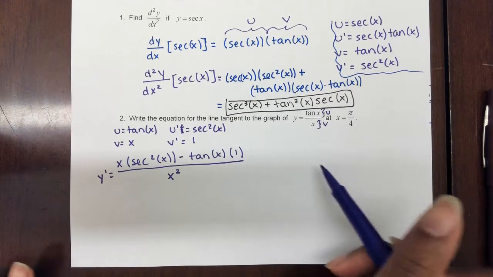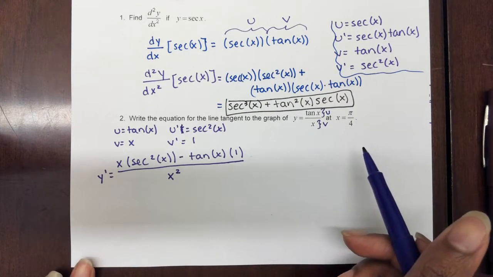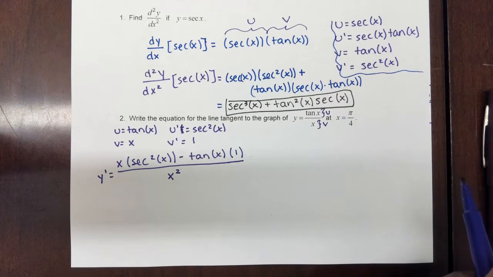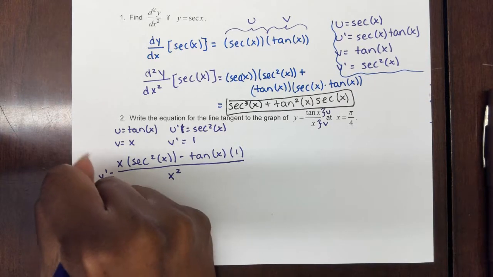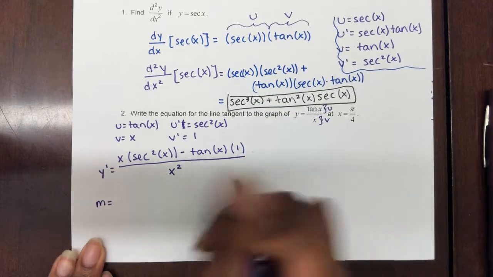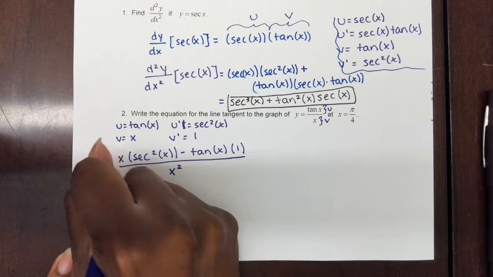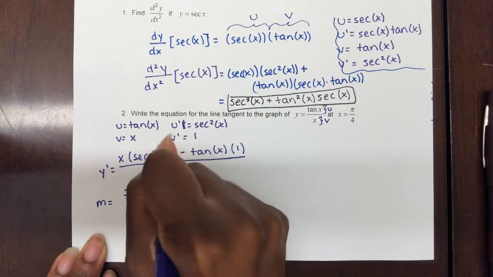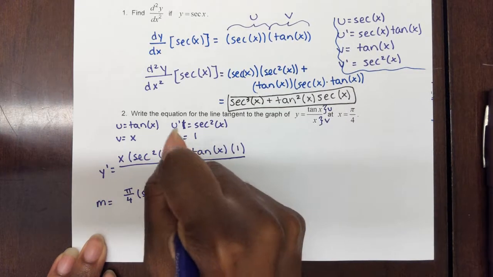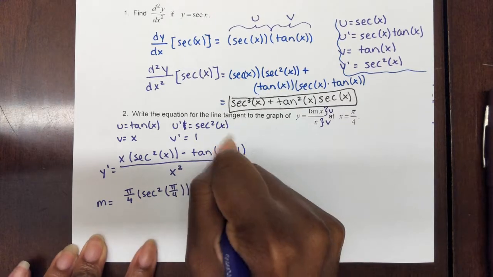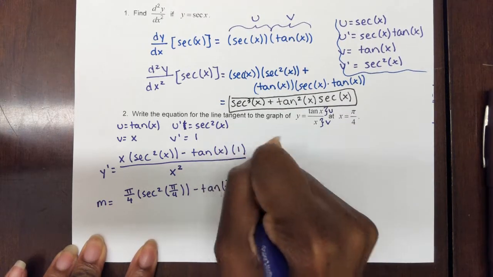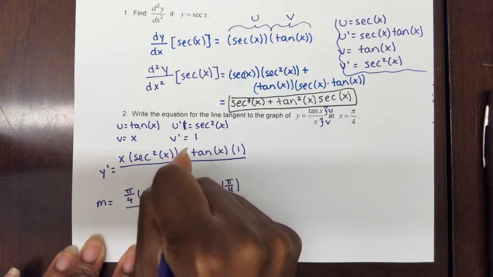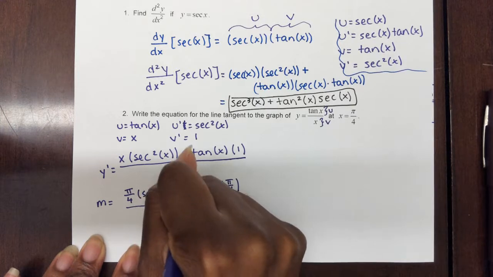So if I want my derivative at x equals pi over 4, that means I'm finding my slope when x is pi over 4. So my slope of my tangent is going to equal pi over 4 times secant squared pi over 4 minus tangent of pi over 4 times 1 all over pi over 4 squared.